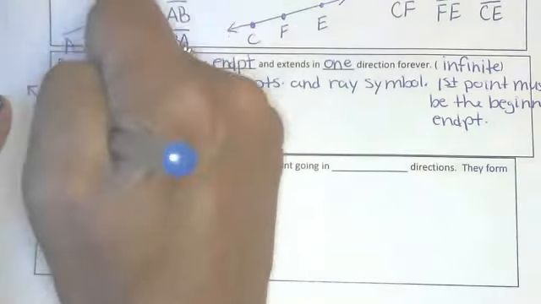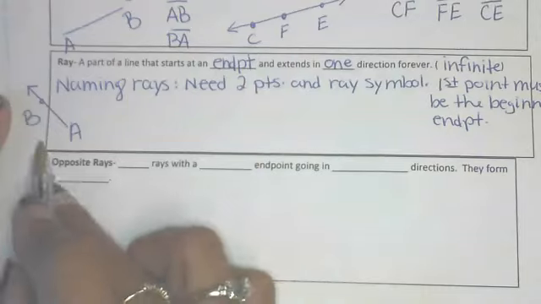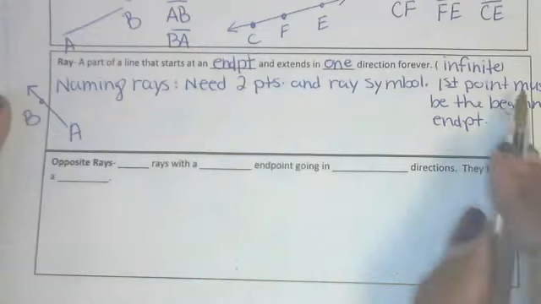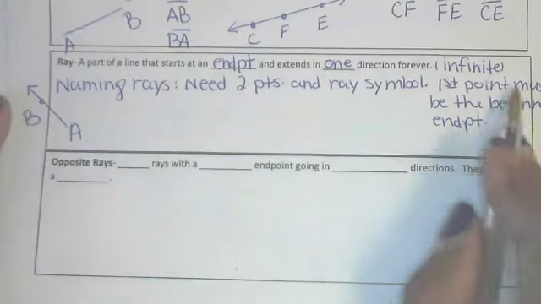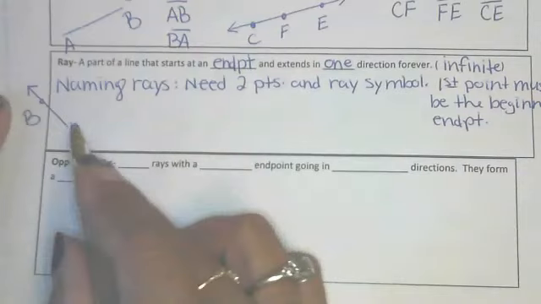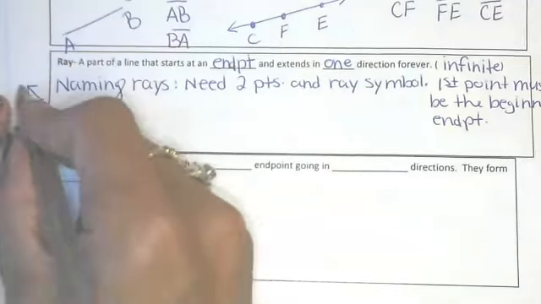So if I go A, B, and I wanted to name that ray, I needed 2 points, got them, but the first point must be the beginning end point. What are we talking about here? Does this sentence make sense to you? What point do I have to have first? Oh, I heard B is wrong. A. A is where it starts. And then it goes through B and keeps going.